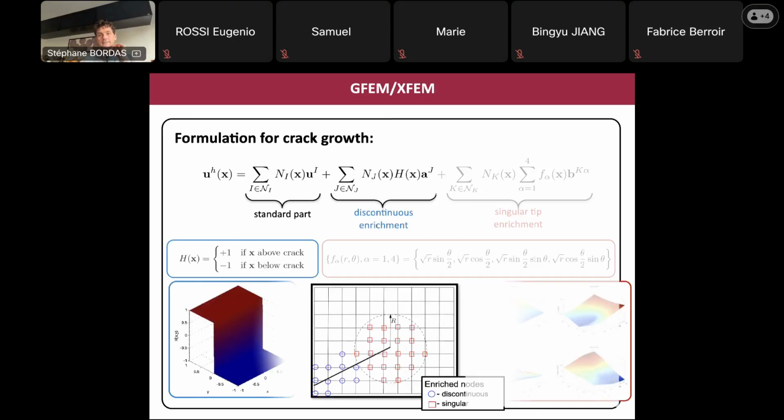And that discontinuous function you see here is going to have to do with these circled nodes. All the nodes whose support is cut by the crack will be enriched with that jump function, which means now you will have to integrate a discontinuous function, which leads to other problems.